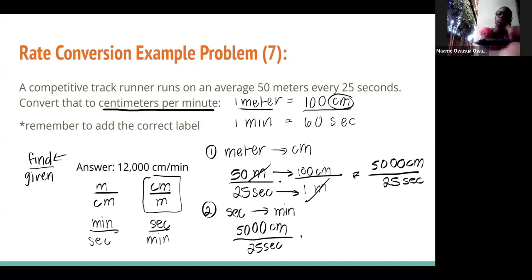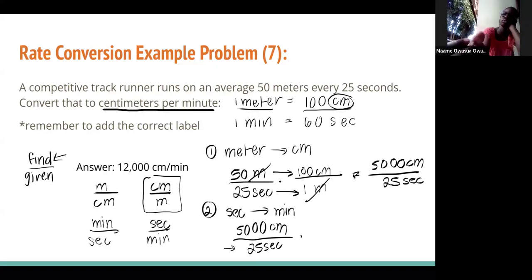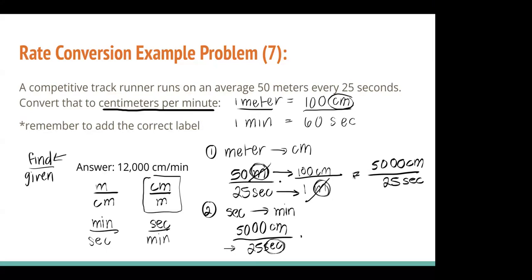I think we have to be careful when it's at the bottom because it's going to be 1 over seconds, so you have to flip the fraction. The way you could look at this is that if meters is on top, you want meters on the bottom so they can cancel. So if seconds is on the bottom, what should be on the top, if you want to cancel the seconds?